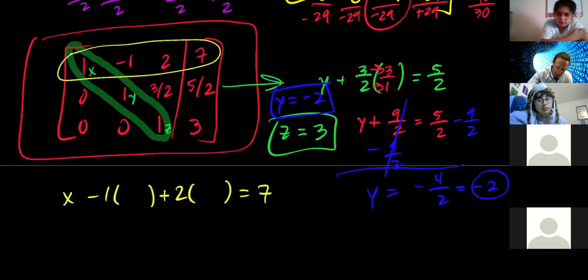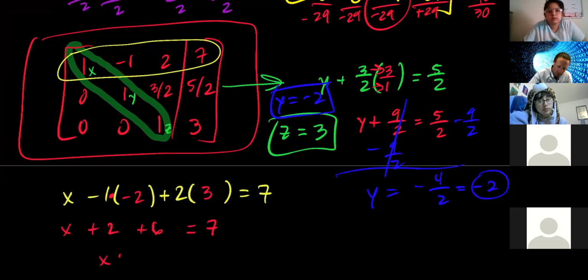The y, careful, put them in the right places, was -2, and the z was 3. And I always put parentheses because should you be subtracting the -1 and 2? No, remember they're multiplying. Okay, so that would give me x, multiply those, plus 2, plus 6 equals 7. Or x plus 8 equals 7, so what's x?